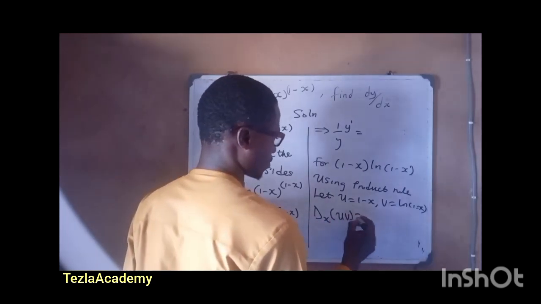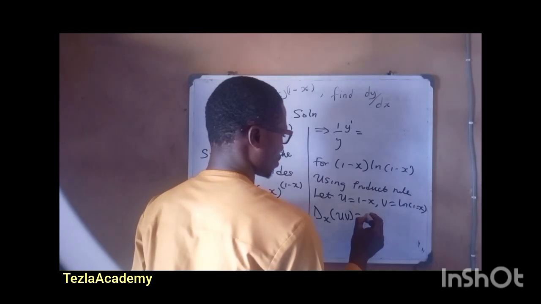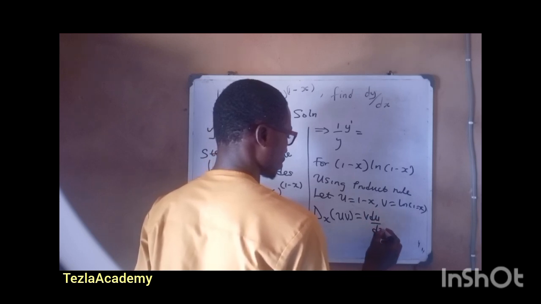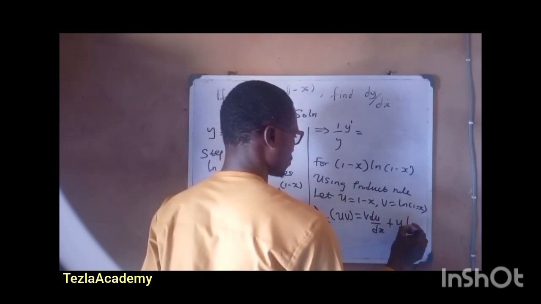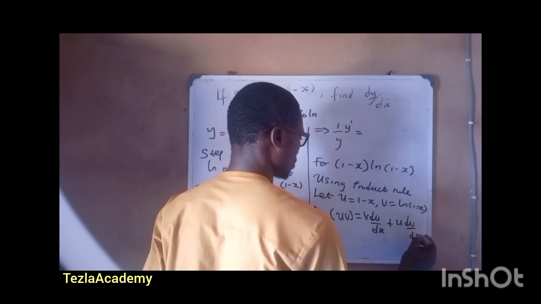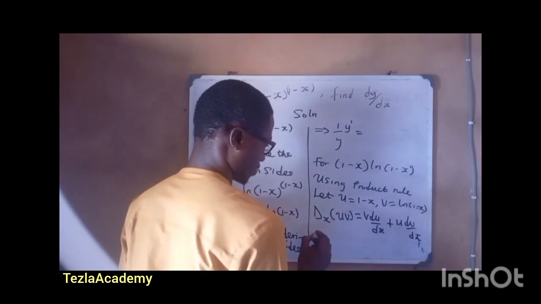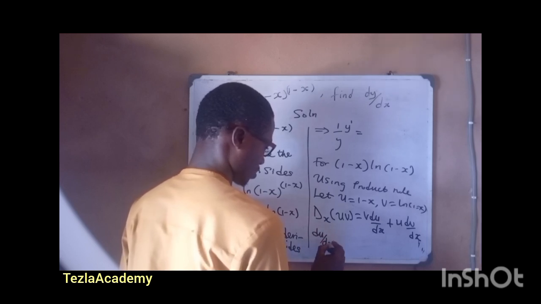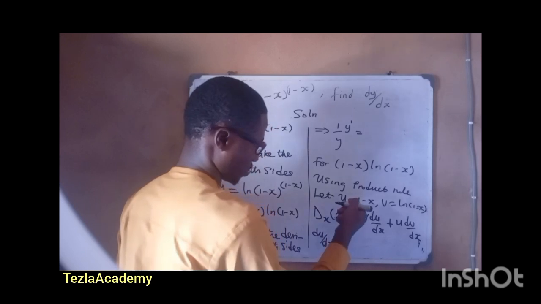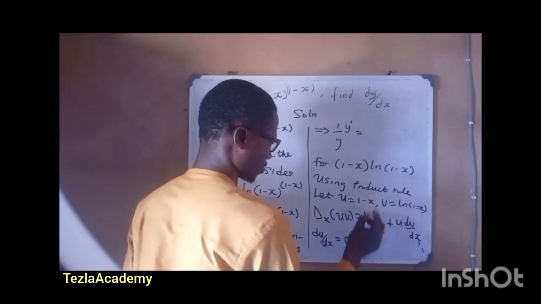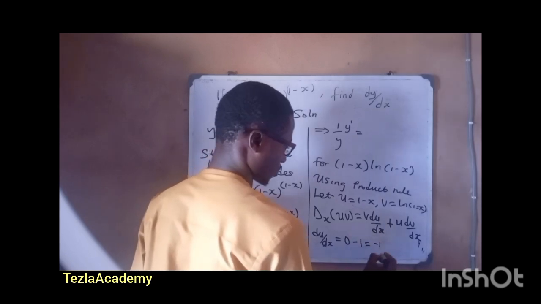The product rule states that if you have two functions u and v, the derivative is v du/dx plus u dv/dx. The du/dx is from our u: if you differentiate 1, you have 0, and differentiating x is 1, so that's minus 1.